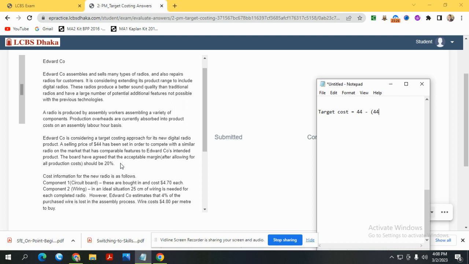That means 44 into 0.8, এটা যদি আমরা ডাইরেক্টলি করে দিতাম 44 into 0.8, it's come down to 35.2. So my target cost আমি জানি, which is $35.2.